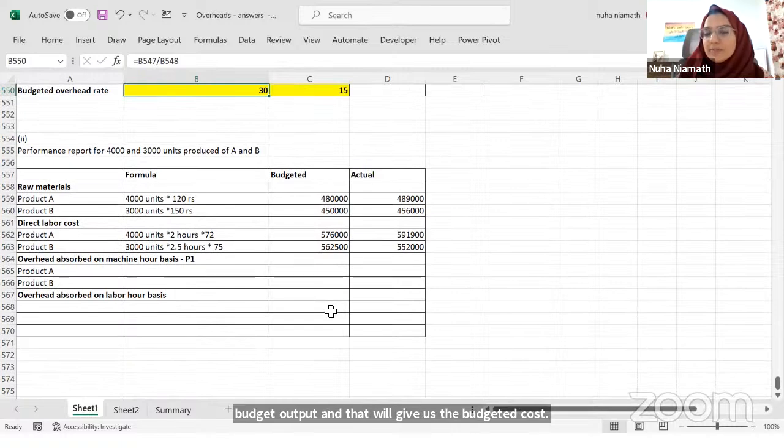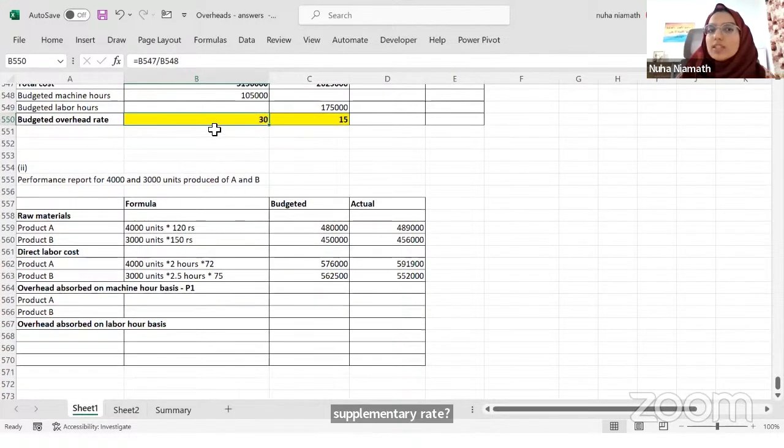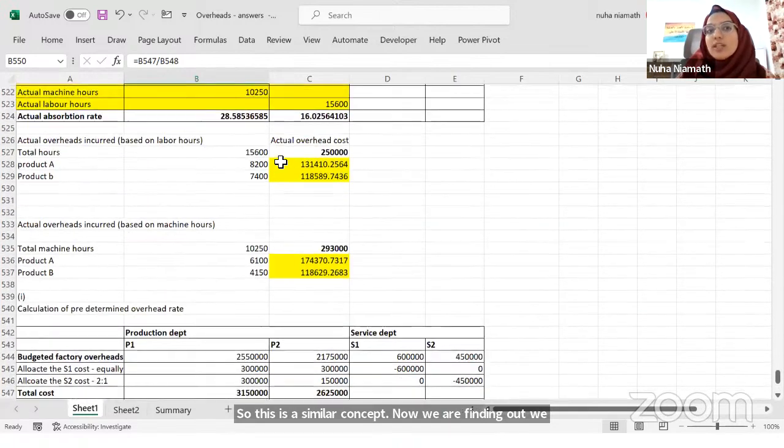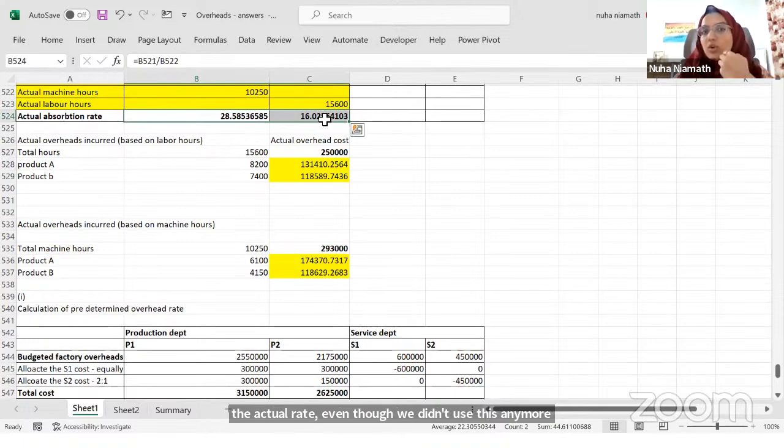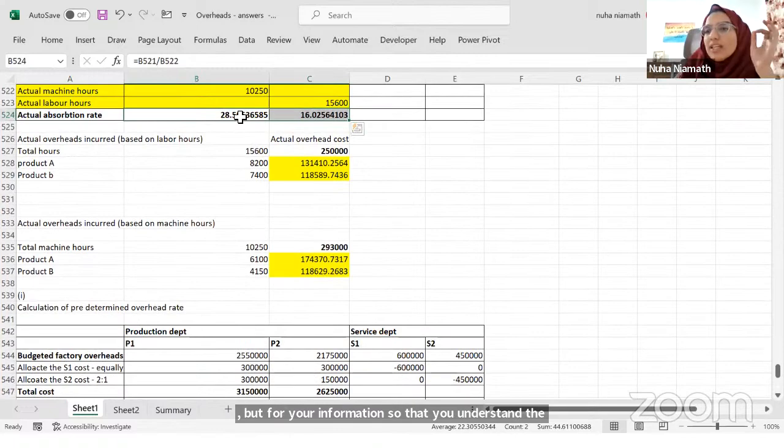Is everybody clear? Do you remember how we compared actual absorbed cost versus actual cost and found the supplementary rate? So this is a similar concept. Now we are using this predetermined rate, correct? But when you go and see the actual rate, even though we didn't use this anywhere, but for your information so that you understand the logic, instead of 30 rupees, the actual rate was 28.6 rupees.